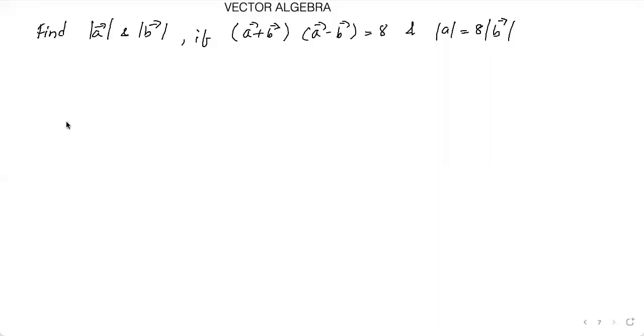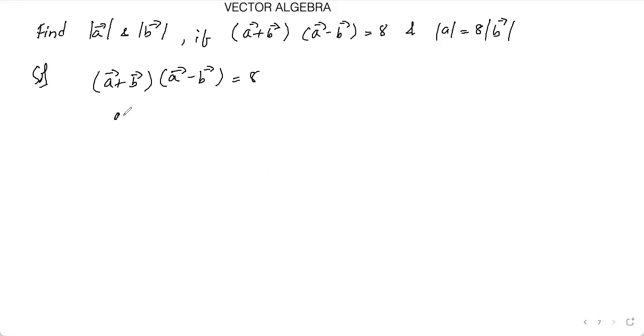So let us find A and B. A plus B dot A minus B is equal to 8, right?